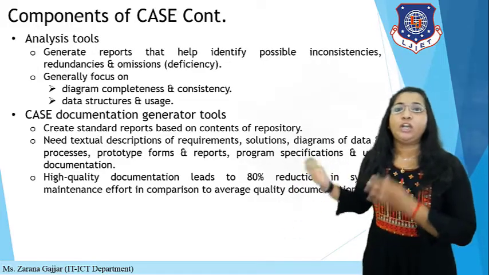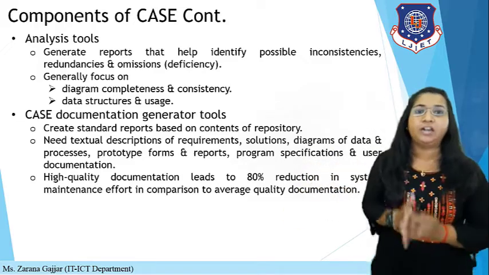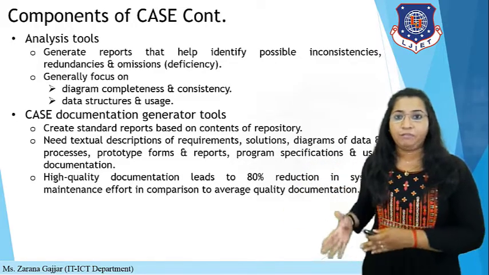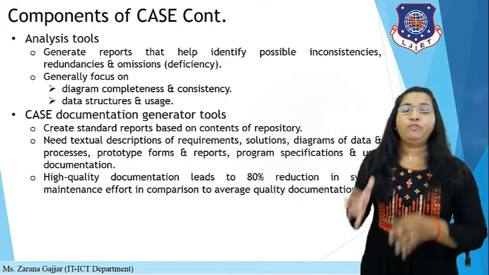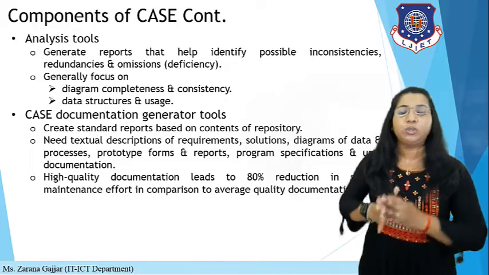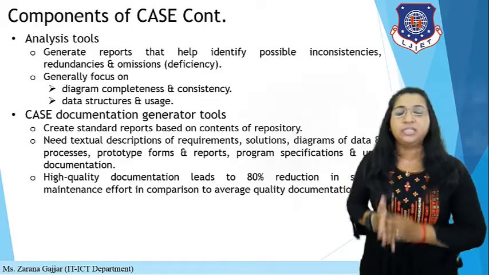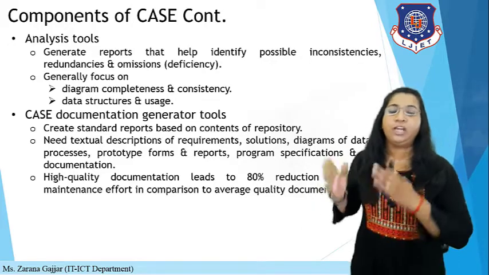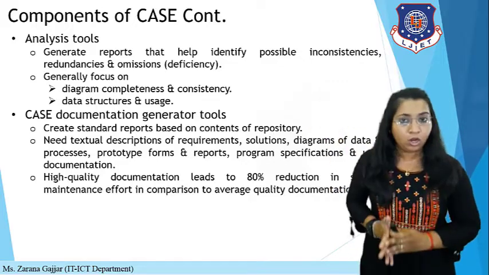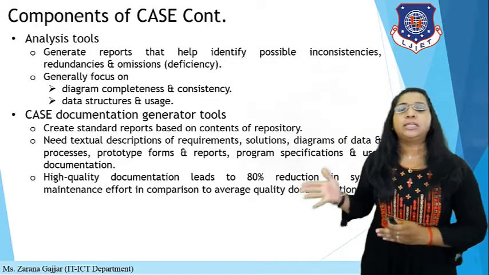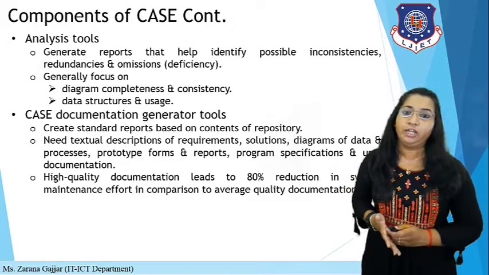High quality documentation leads to an 80% reduction in system maintenance effort in comparison to average quality documentation. So if you have developed proper documentation, it is very easy for any maintenance engineer to maintain the software, and it is also very useful for the customer to learn how to operate the software product. So this is about the CASE documentation generator tool.